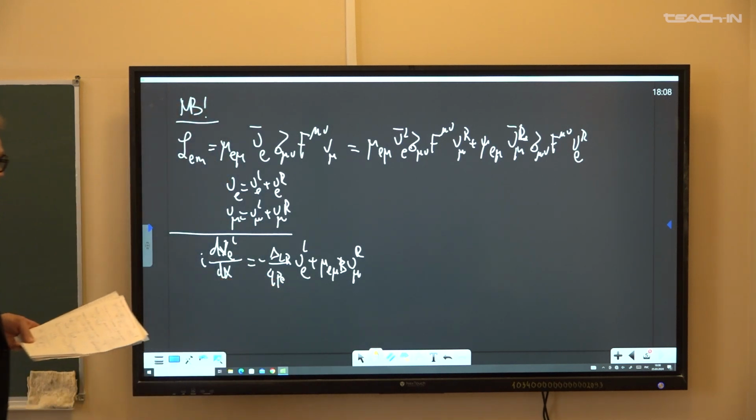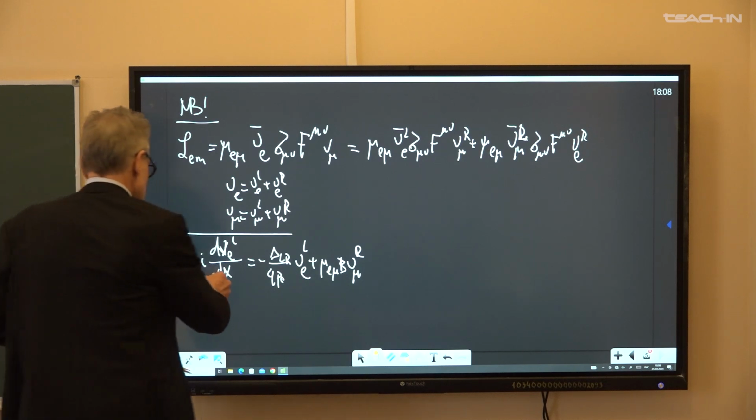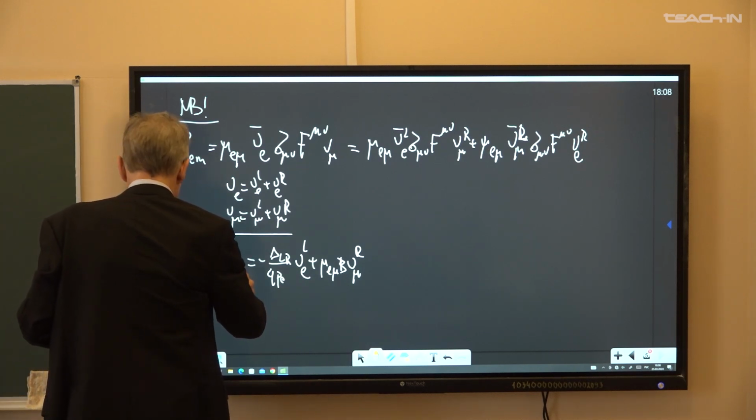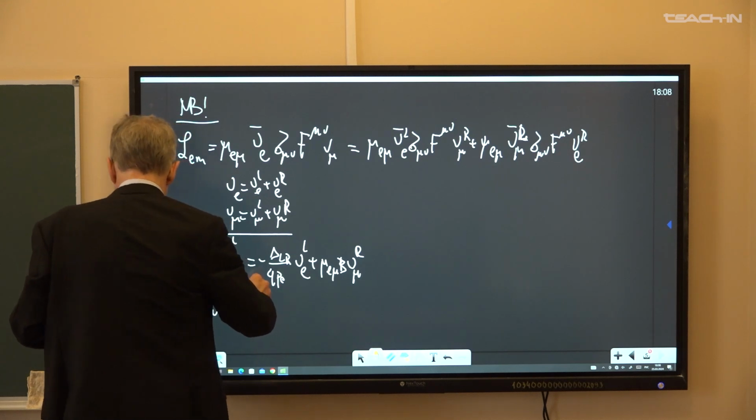So this is the equation of evolution of a left-handed neutrino when there is a non-trivial, non-zero transition magnetic moment mu E mu. And the same is for the muon neutrino. We can write a similar equation.